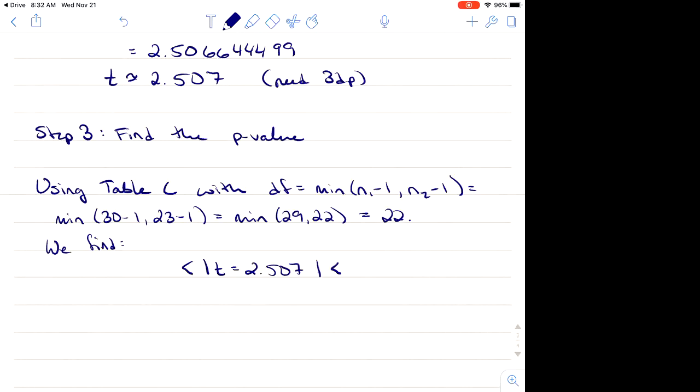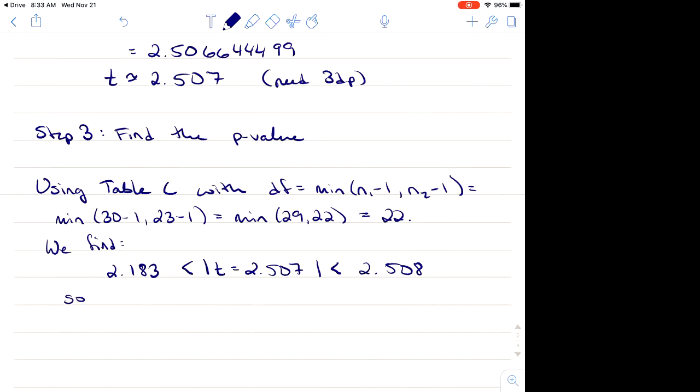And 2.507 is between, just squeezing in, 2.183 and 2.508. This illustrates why it's important that we have at least 3 decimal places, because if we had rounded our t to 2 decimal places, we'd have 2.51, which would bump you over 1, and that's no good. So we have to have at least as many decimal places as we have in the table.